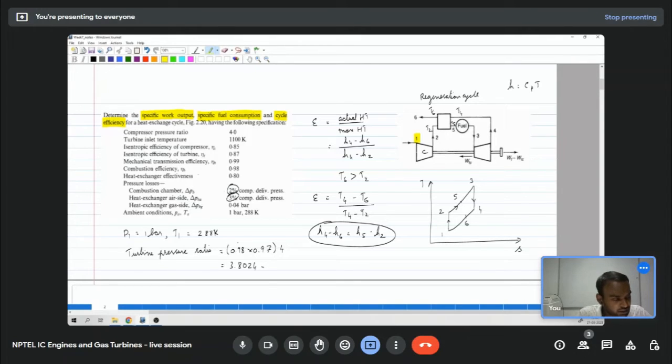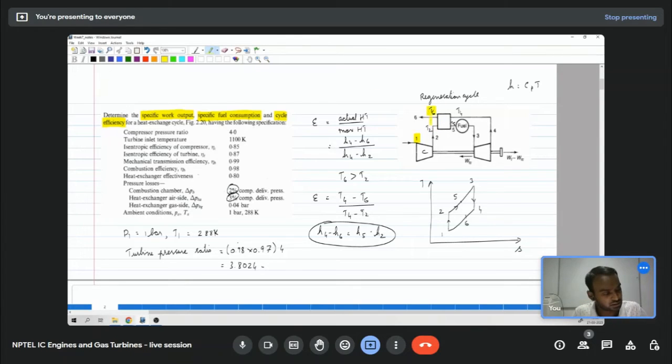Actual heat transfer occurs between the temperatures T4 and T6, that is the actual enthalpy difference. But maximum heat transfer is possible when the outlet temperature of the heat exchanger becomes the inlet temperature of the air charge that enters.